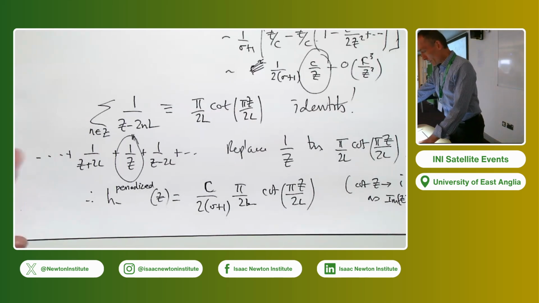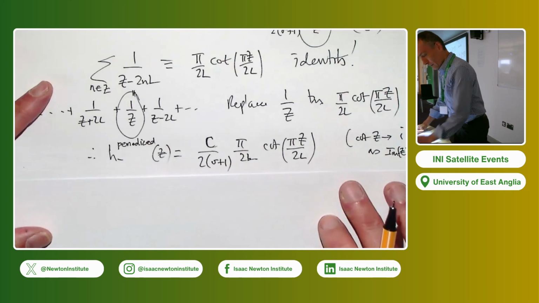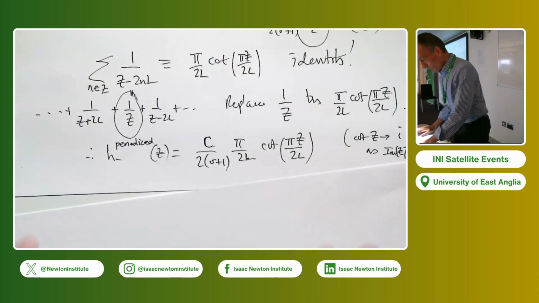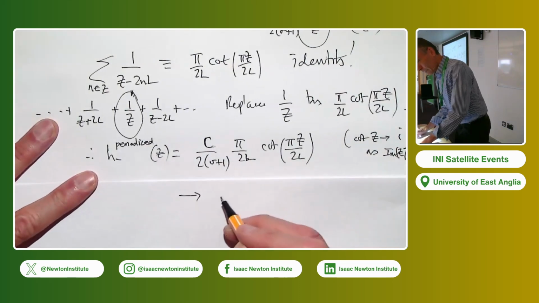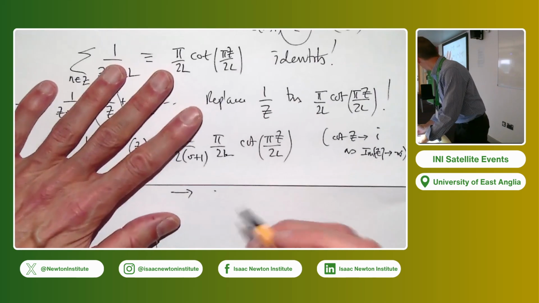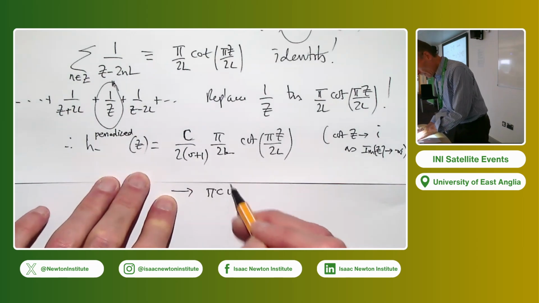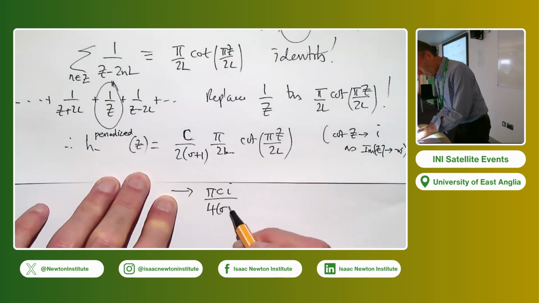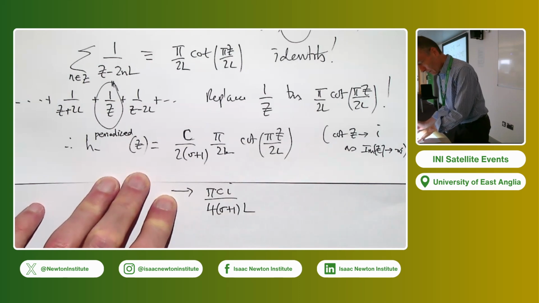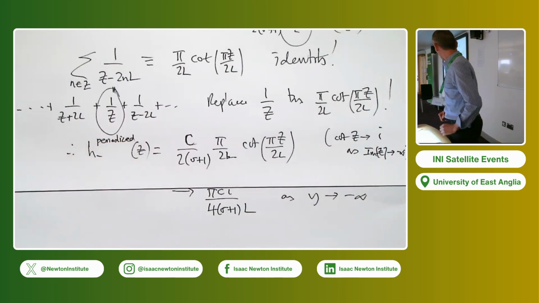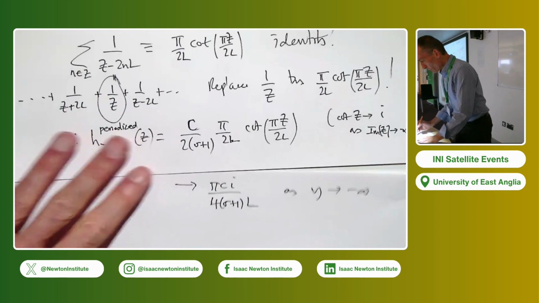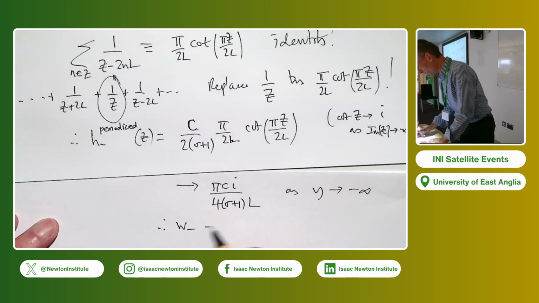So now I'm in. So this tends to pi ci over 4 (sigma plus 1) L as y tends to minus infinity. So therefore, W minus tends to pi c, the imaginary part, remember, over 4L (sigma plus 1).